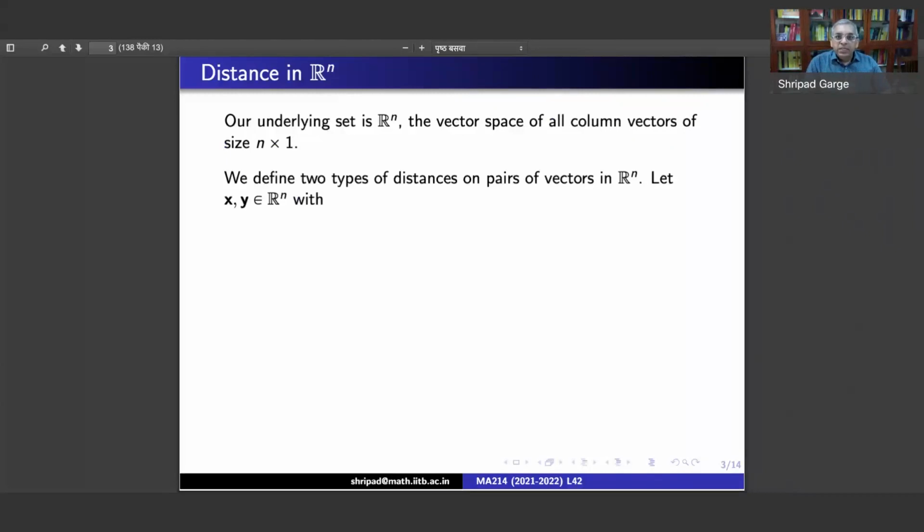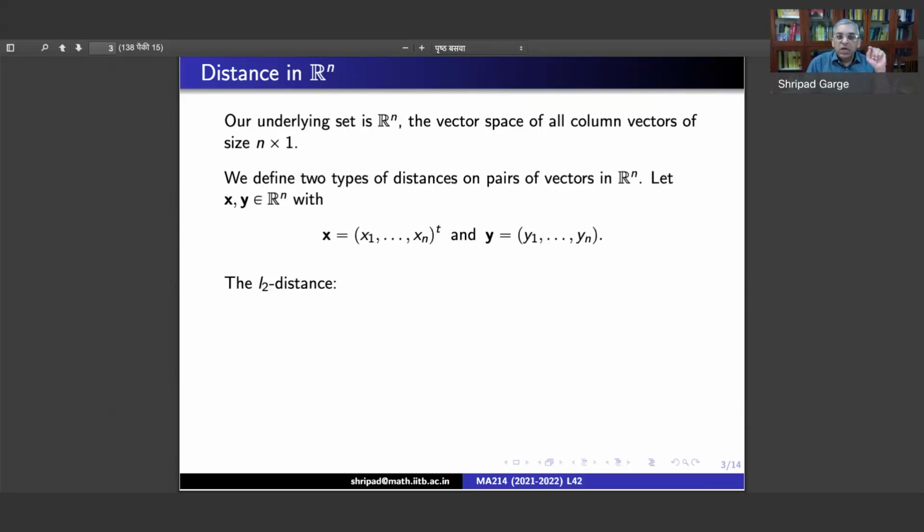Suppose you start with two vectors x and y in Rn, and suppose x is given by x1, x2, ..., xn transpose, and y is also given by y1, y2, ..., yn transpose. There is a transpose which is missing here.